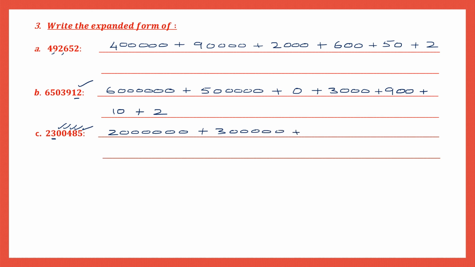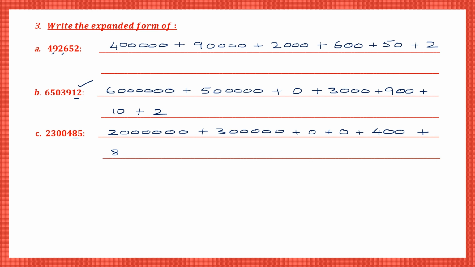Now we need to take the next digit. The next one is 0. So we write just 0. Plus, again we have 0. We write just 0. Then the next one, we have 4. We write down 4. And after 4, there are 2 digits. So we put 2 zeros. Plus. After 4, we have 8.